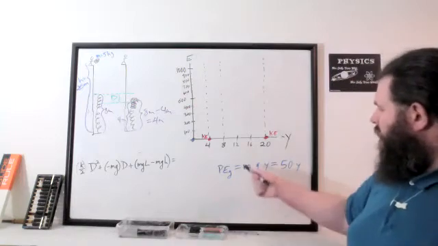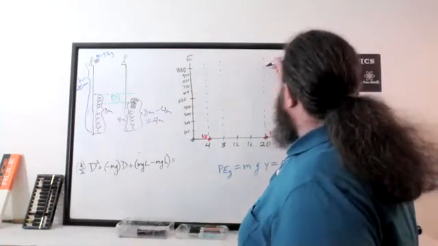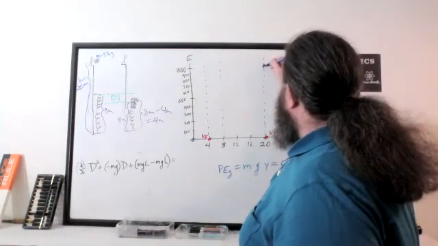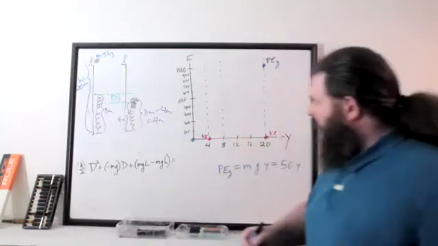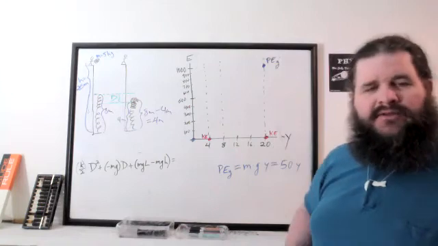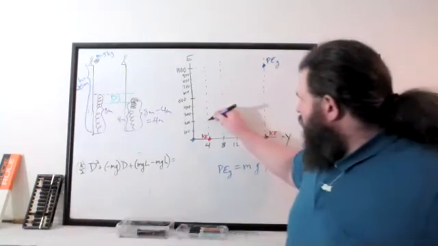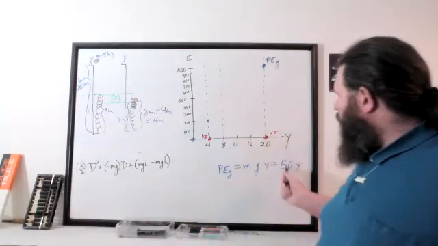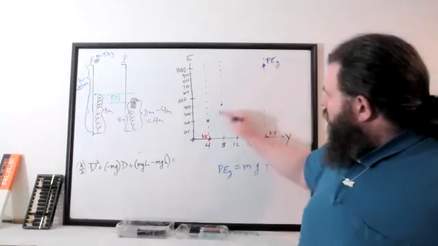We know we start off with potential energy of 1,000 joules when we're at 20 meters off the ground. And 0 joules when we're at ground level. And we could even fill in some in-between values. For instance, 4 times 50 would be 200. 8 times 50 would be 400. And overall, we just get a straight line.